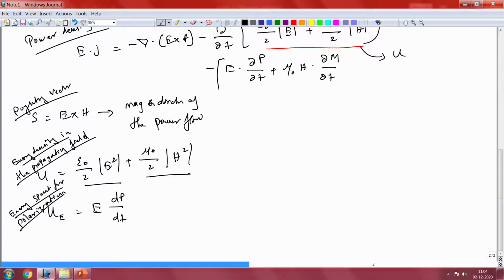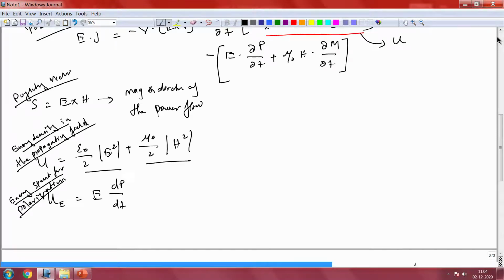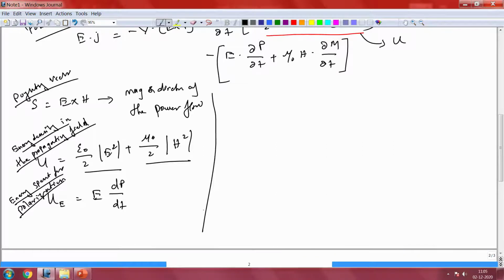There is a little correction here. The negative sign is this way. So let's look at the final one, the fourth factor here. That is UM, and as you have guessed, this is mu naught H times dM over dt.